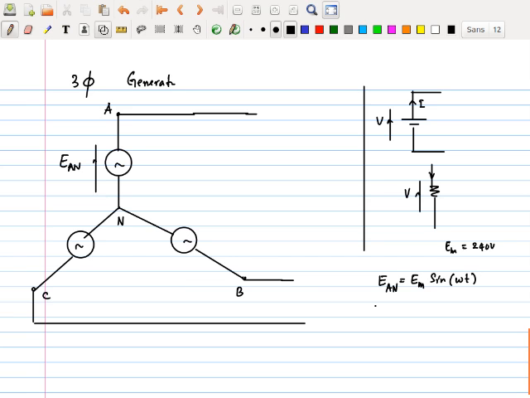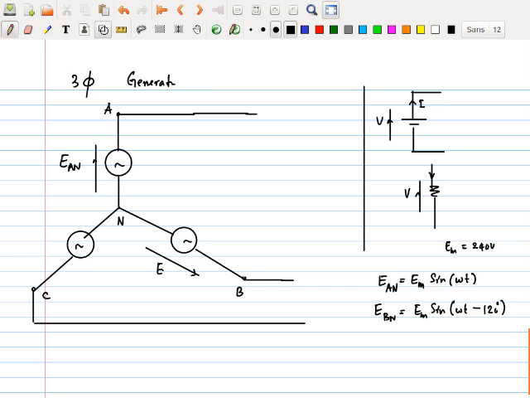Then we said that there is this other voltage EBN, which we took as EM sine of omega t minus 120. So we took this B as 120 lagging, and we marked it going out like this.